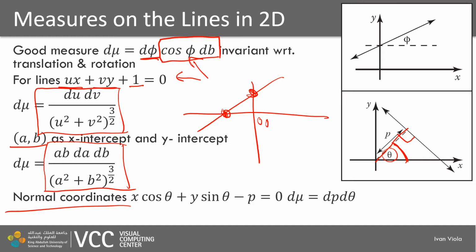This is the theta, and the p is the offset of the line. How far is the line from the point 0, 0?